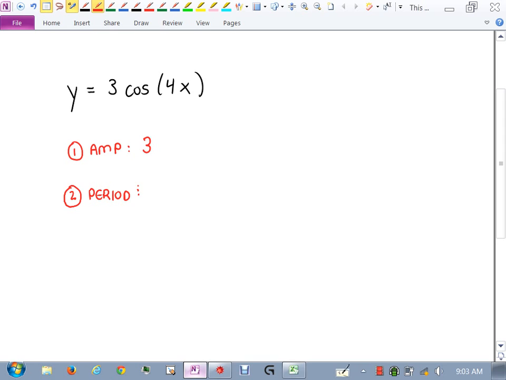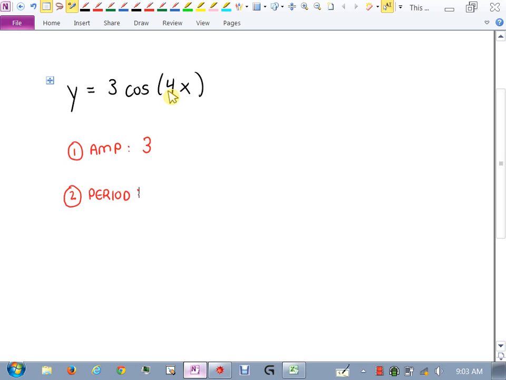And that will work for all the sine and cosine functions where what's inside, I'm going to use some language you may not have heard before, the thing that's inside the cosine or the sine is called its argument. So if the argument is just a number times x, like in this case 4 times x, then you can just say 2 pi over b, and b is this number out here.